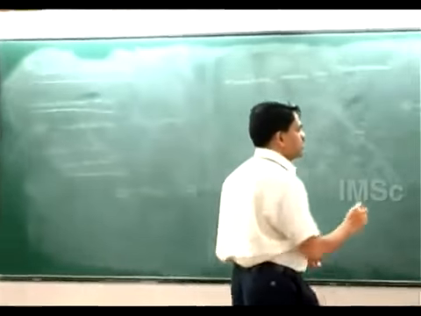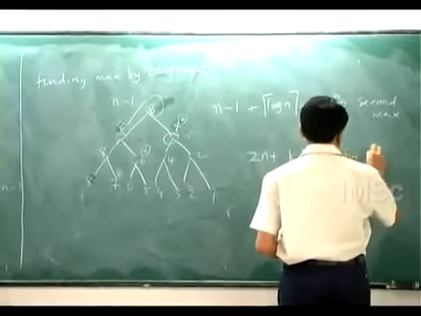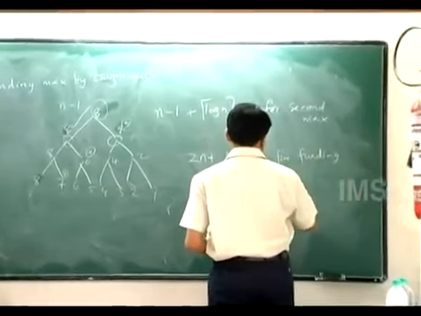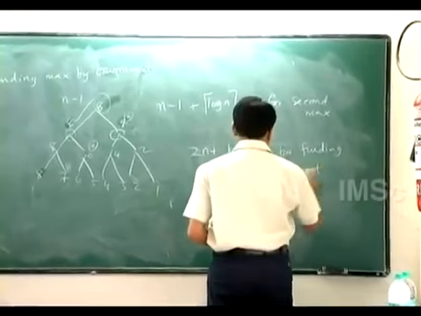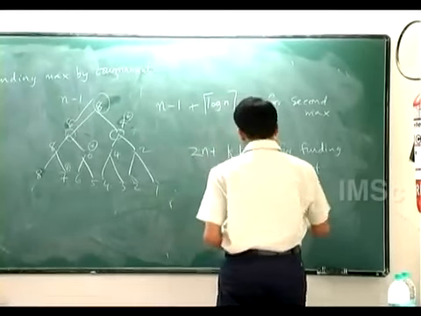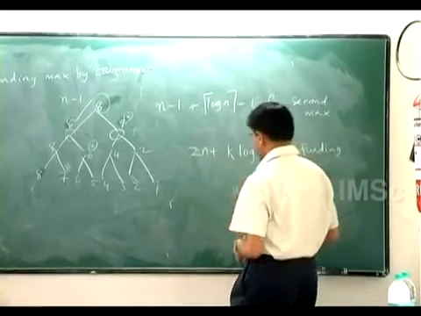Okay, so in general, you can build a heap using about 2n comparisons, so build a heap and then do delete max, and you get your kth largest.